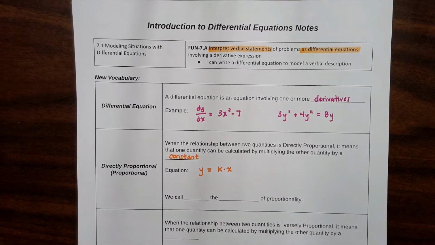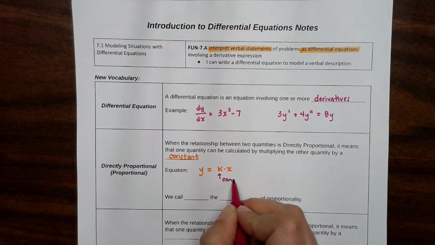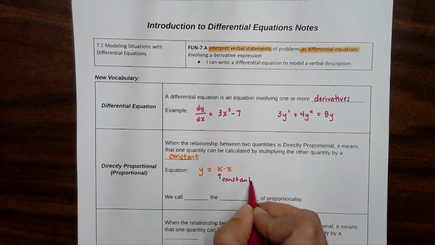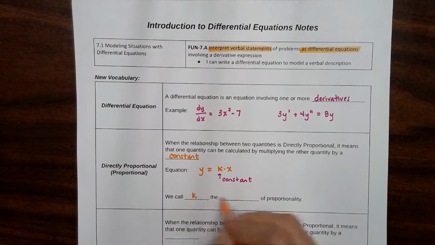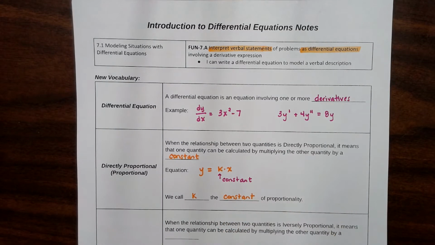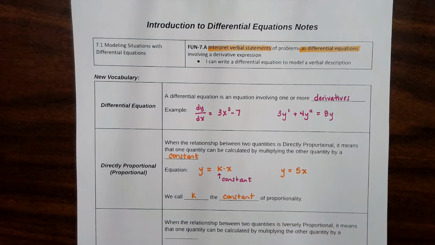We would say here that y is directly proportional to x because the k in this equation represents a constant, some number that we may or may not know already. We call k the constant of proportionality. So an example where we know the constant would be y equals 5x. So these two variables, y and x, are directly proportional.